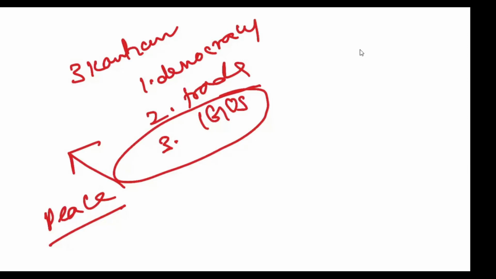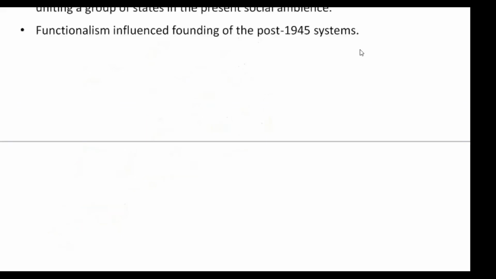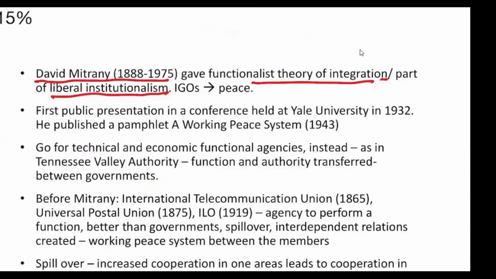David Mitrani was not trying to apply Kant's theory. He was trying to find out independently how nations can be at peace. He was working on that after World War I happened.